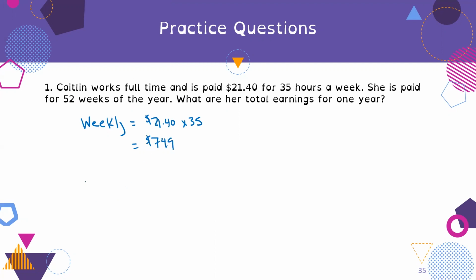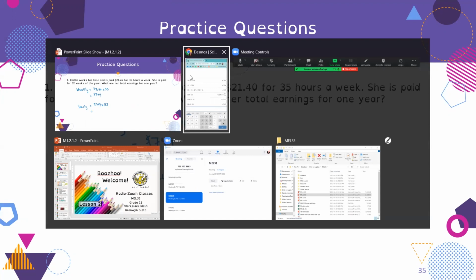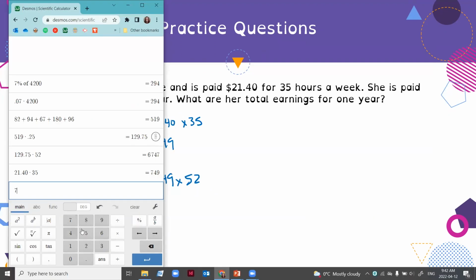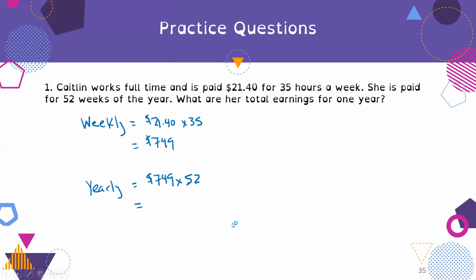So yearly, because she gets paid for 52 weeks of the year, it would be 749 times 52. So 749 times 52 is equal to 38,948.